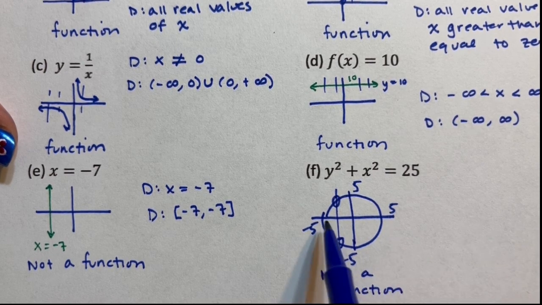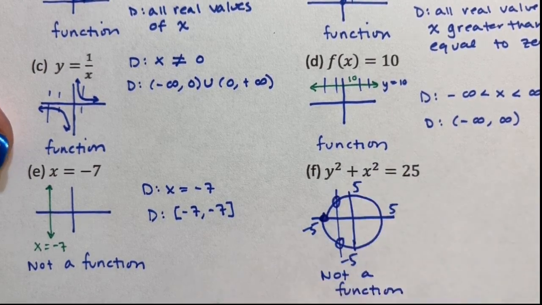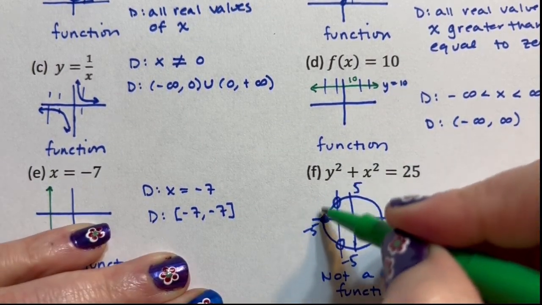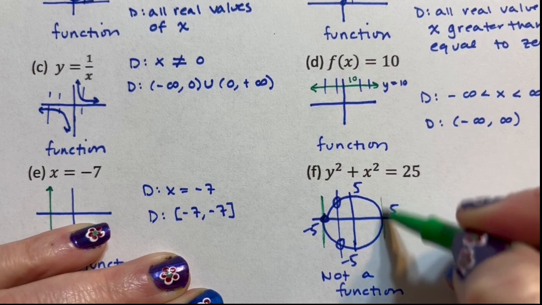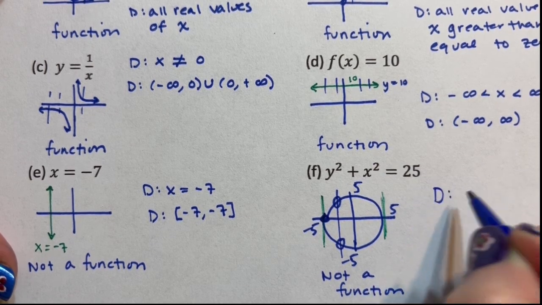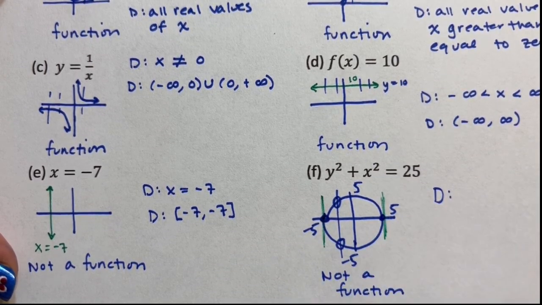It still has a domain. It exists. If you think about it, it exists from exactly here to exactly here. It is a very tight domain. So it exists at this point, and it exists at this point.